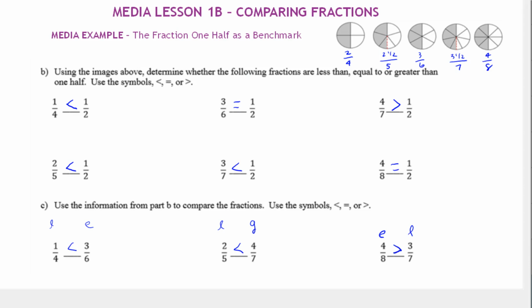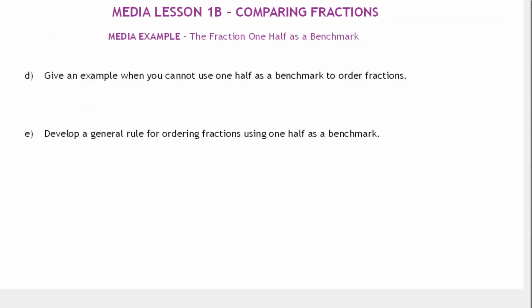So now let's just summarize some of the information we've used here. First, give an example when you cannot use 1/2 as a benchmark to order fractions. So we can't always use 1/2. And notice there was something specific with the Bob and John situation. Bob had less than 1/2 and John had more than 1/2 of a cookie.